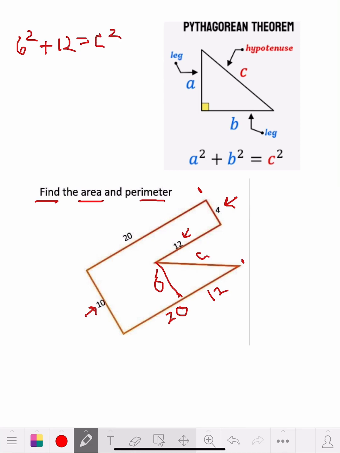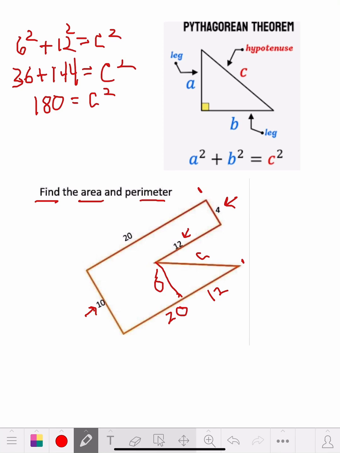So let's figure that out. 6 squared is 36, plus 12 squared, I didn't write the square, is 144, equals c squared. So 36 plus 144 is 180, okay? 180 equals c squared.